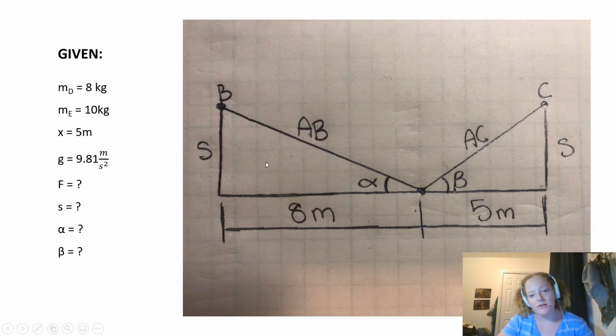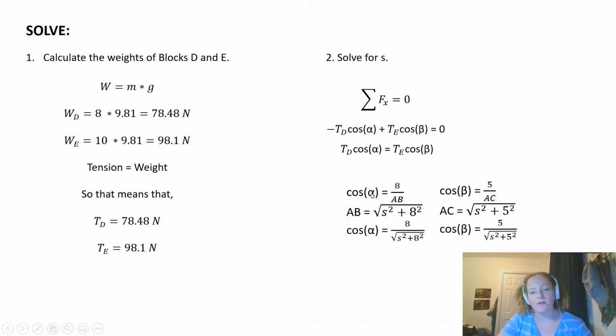And so we can say that cosine alpha is equal to 8 over AB, and AB is, using the Pythagorean theorem, the square root of s squared plus 8 squared. So we know that cosine alpha is 8 over the square root of s squared plus 8 squared, and then just the same thing with beta.